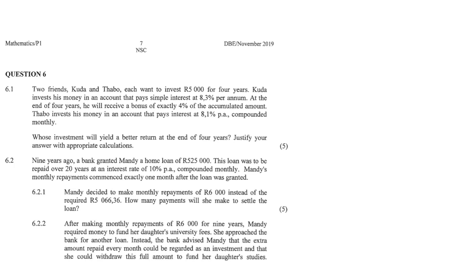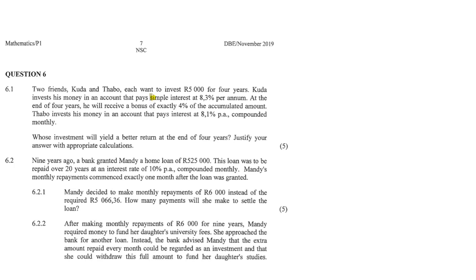Right, so for 6.1, we have two friends, Kuda, if I'm saying that right, and Tabo, who each invest 5,000 Rand for a period of 4 years. Kuda invests his money in an account that pays simple interest. So that's very important. These are the keywords that you need to be looking out for.